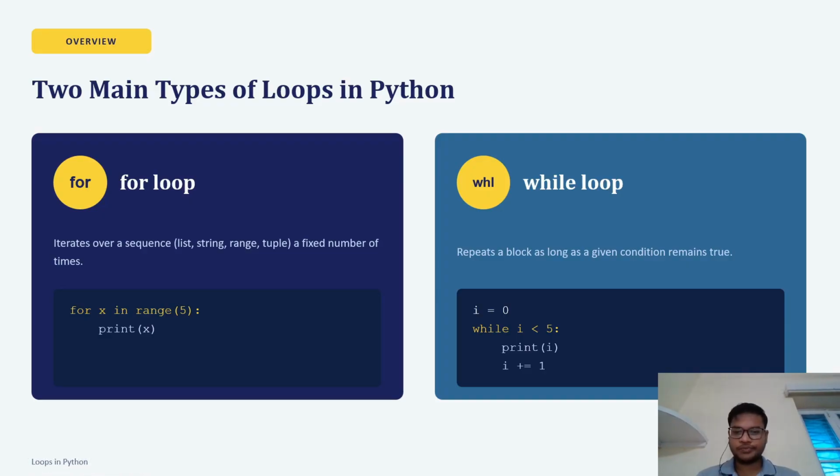Okay, so just see here: it repeats the block as long as a given condition remains true. If anyone asks you what a while loop is, it means it repeats the block as long as the given condition remains true. When the condition is true, the code will run.